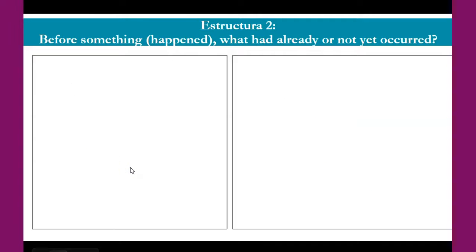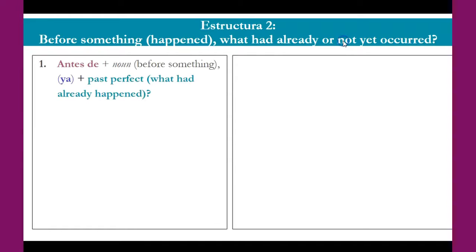So the second structure that's important is before something happened, what had already or not yet occurred. So for this we use antes de plus a noun, and that means before something, and then we can use ya, already, and a past perfect, what had already happened.